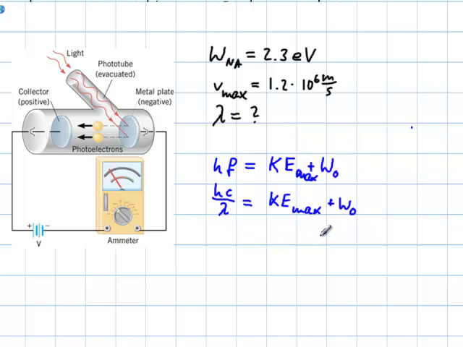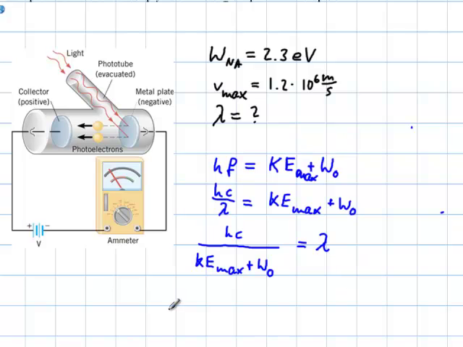So therefore I'm going to have lambda equals Planck's constant times the speed of light divided by the maximum kinetic energy plus the work function. It always happens here that when I try to write something that is too small, it doesn't like it.